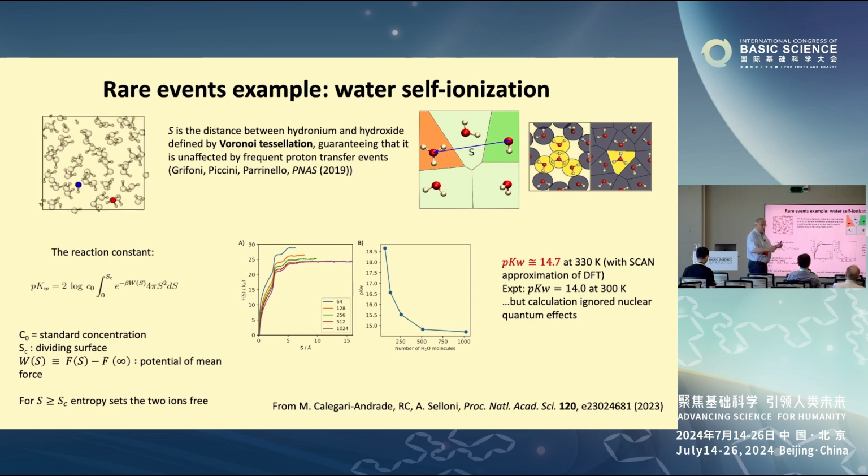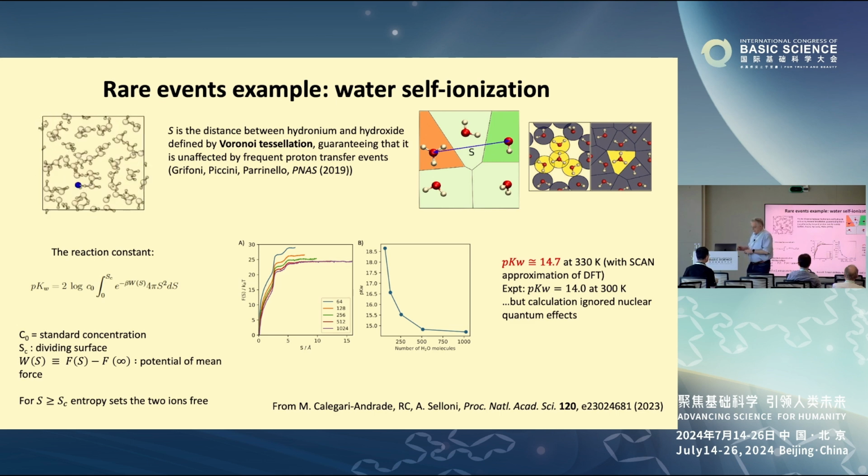And so even though we have a positive and a negative ion, when they are at a sufficiently large separation, their electrostatic attraction is overwhelmed by the entropic factor here, and the ions get free.